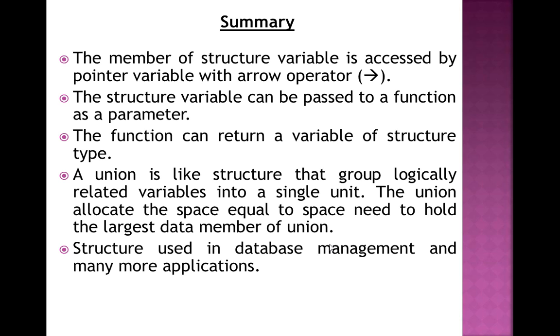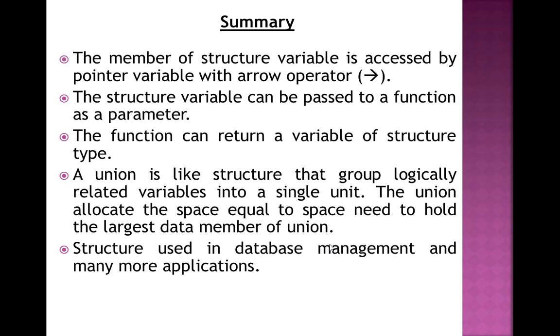Then the next point is that a structure variable can be passed to a function as a parameter. The next point says a function can return a variable of structure type.